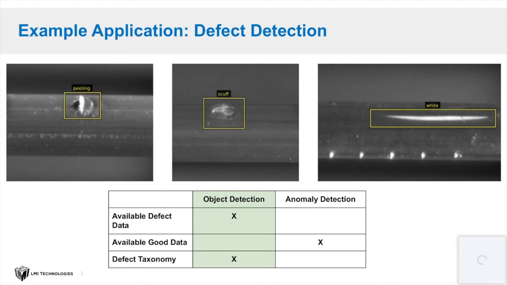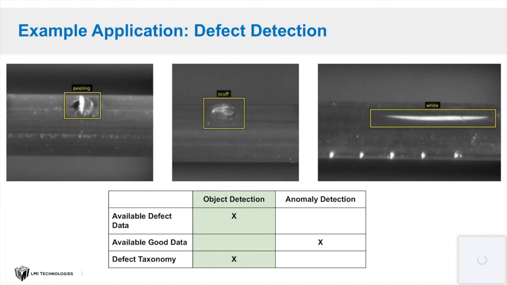So there are 2 ways to approach this application. The first way is object detection. As long as we have the defect data with some labelings, we could use the object detection algorithms. The other way is anomaly detection.